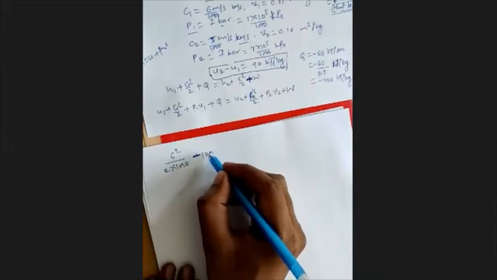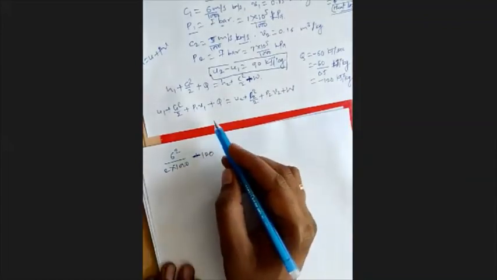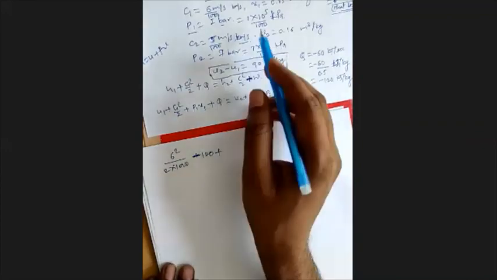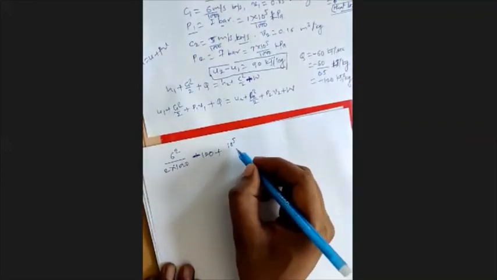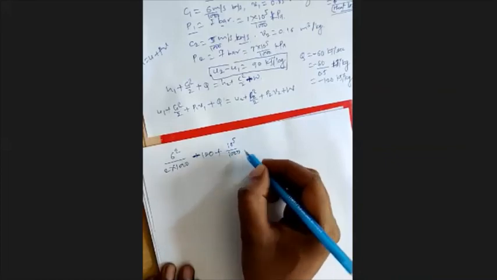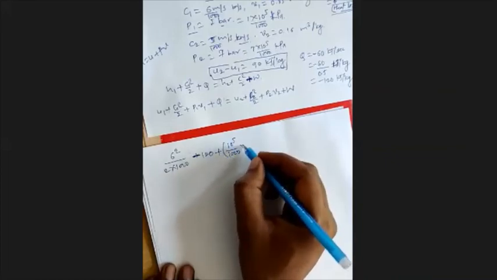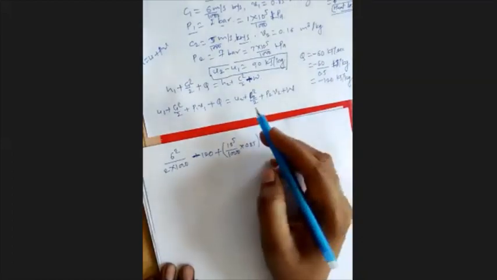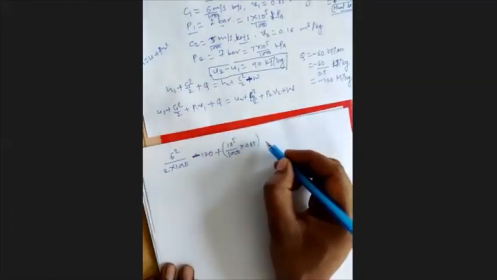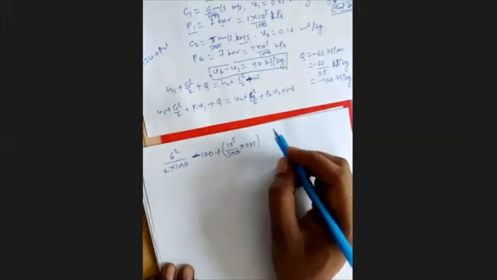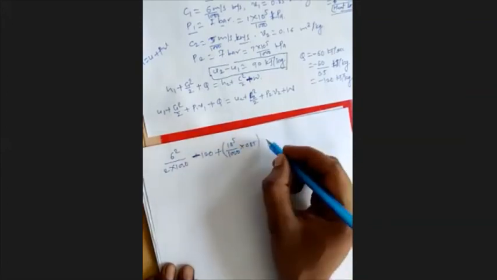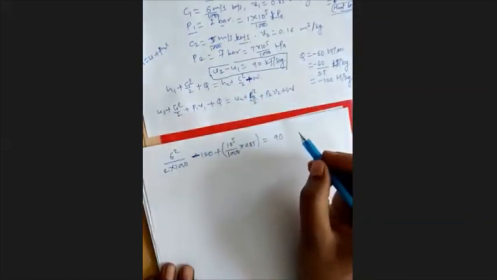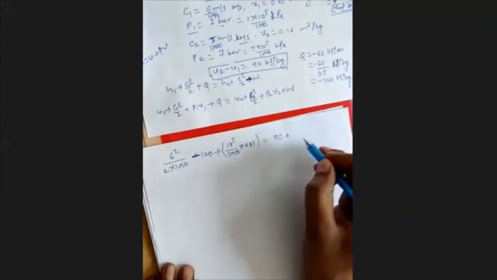Minus 120 plus P1 into V1, 10 raised to 5 by 1000 into what is V1, 0.85, is equal to U2 minus U1 is 90. So I'll put that 90 as it is, plus C2 square by 2.